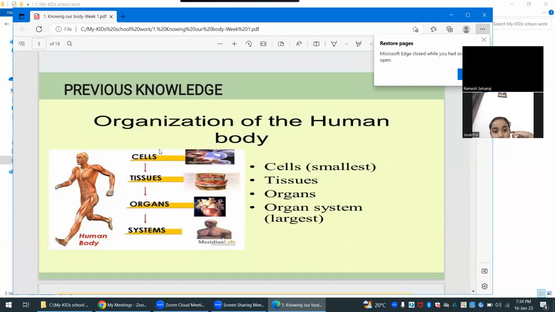Many cells join together, that forms tissue, and many tissues join together, that forms organs, and then many organs together are called a system. So the basic thing is the cell. From cells many tissues will come, then many tissues will join and form the organ. Then many organs will be called a system. That's the largest one. Smallest one is the cell, largest one is the organ system.